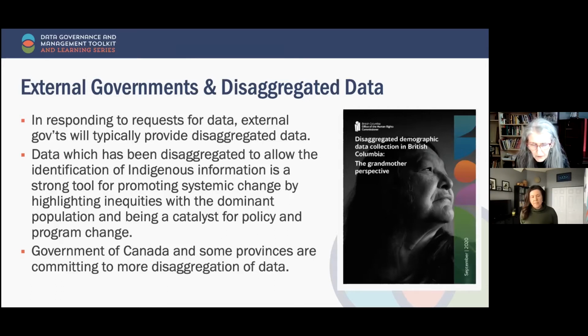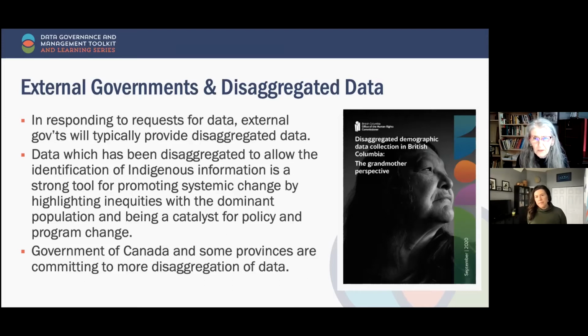It's really the grandmother perspective is we want to know because we care. Which is a lovely frame for this report that looked at all aspects of disaggregated data, which is really using data to show different populations and where they fit in the larger fabric of data, of society, of change, whatever. And it is a strong tool.